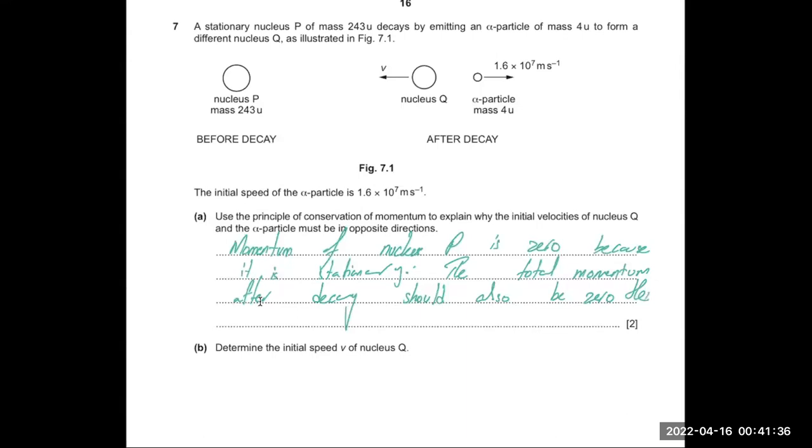Thus, the velocities have to be in opposite direction. Velocity slash momentum. If they have velocities in the opposite direction, they'll obviously have momentum in the opposite direction too.